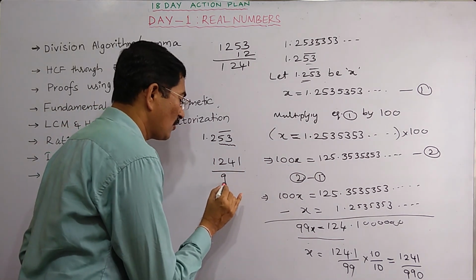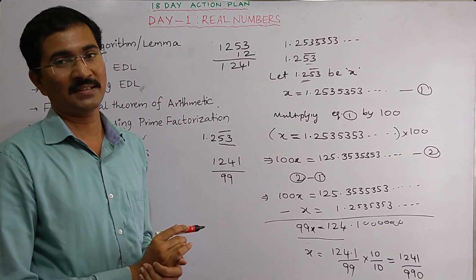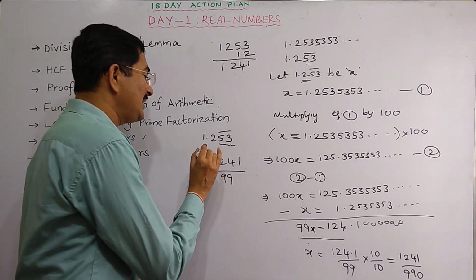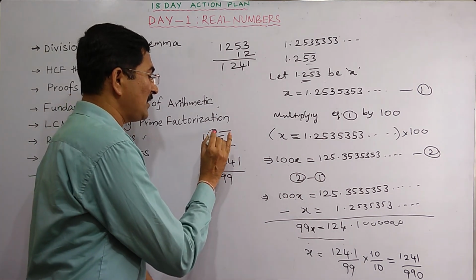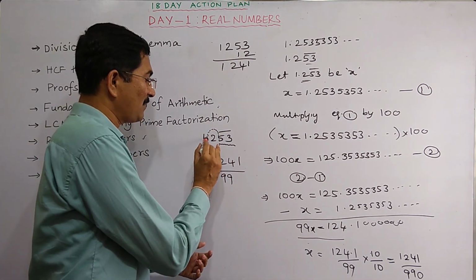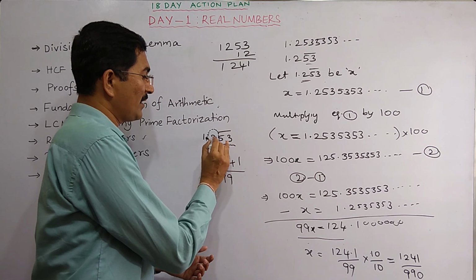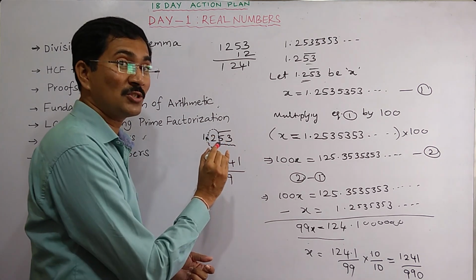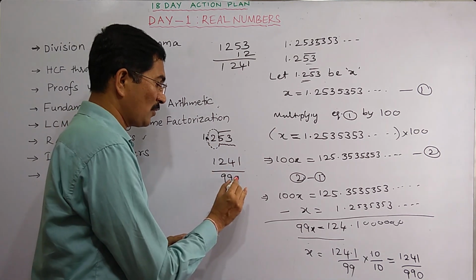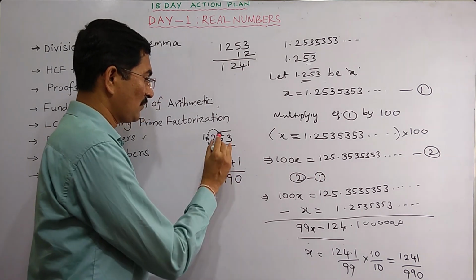So you put 2 9s in the denominator. And if there are any digits between the decimal point and the bar, how many digits are there between the decimal point and bar? 1 digit. The number is 2, but we are speaking of digits. So the digit count is 1. So you put 1 zero here. So this is the result.